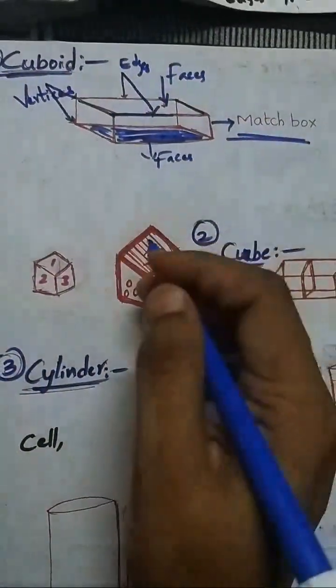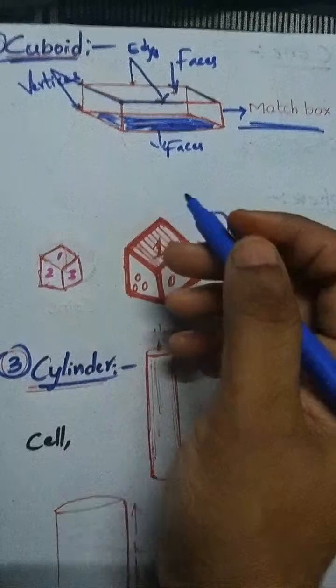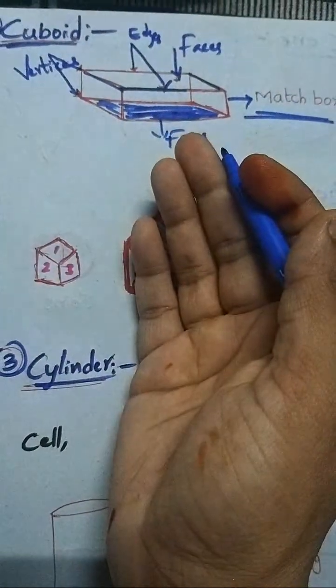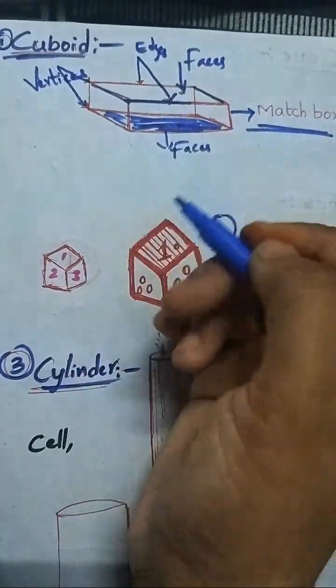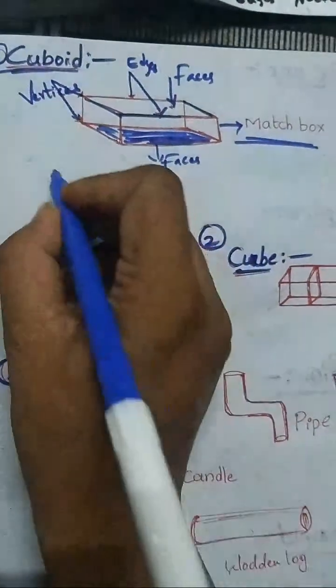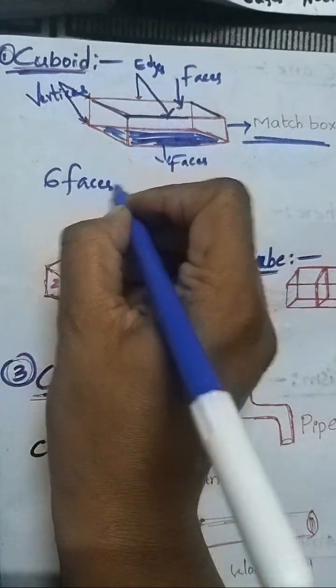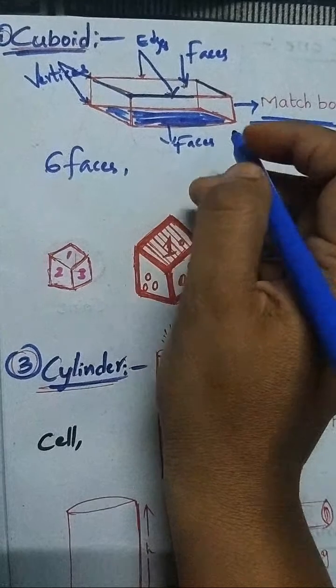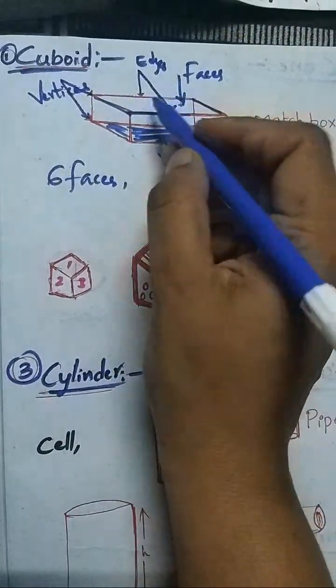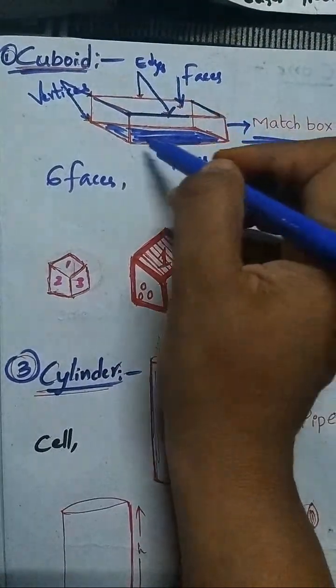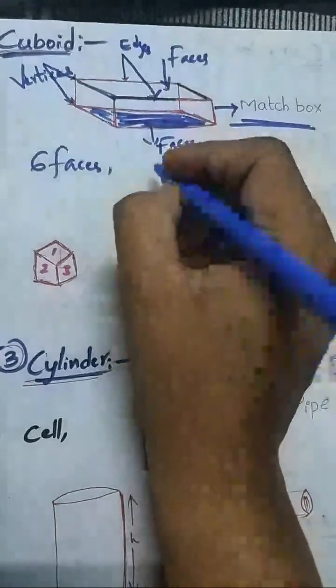How many faces, how many edges, and how many vertices are there in a cuboid? We have 6 faces. And how many edges are there? Edges means we have to count all edges. We get 12 edges for the cuboid shape.